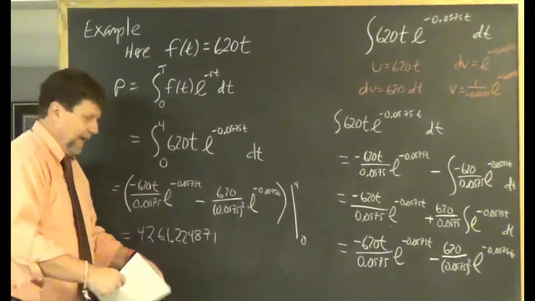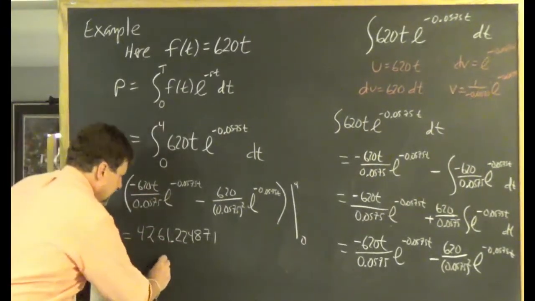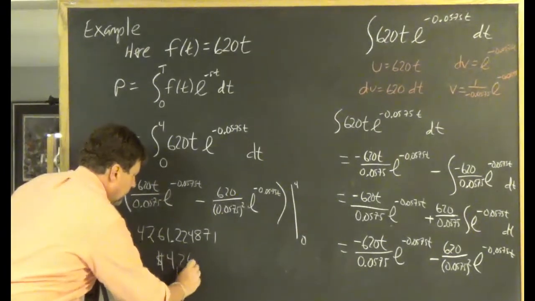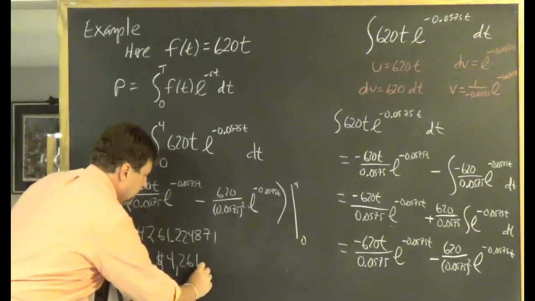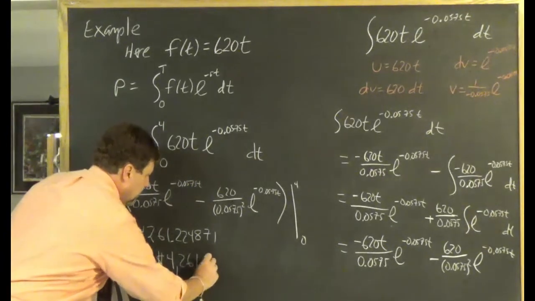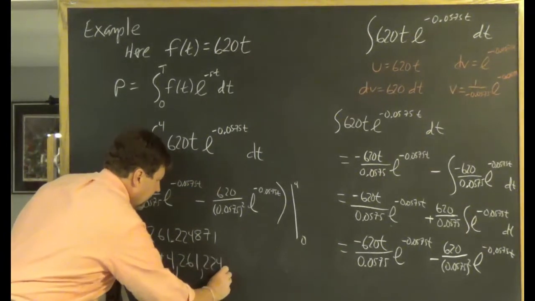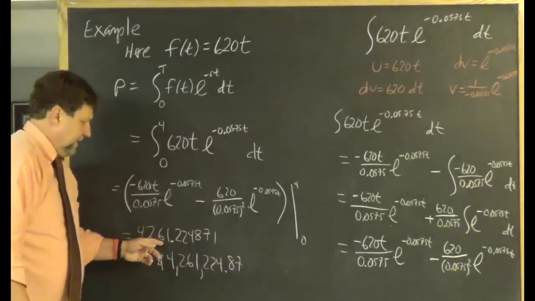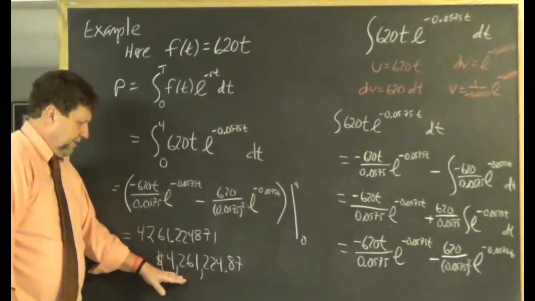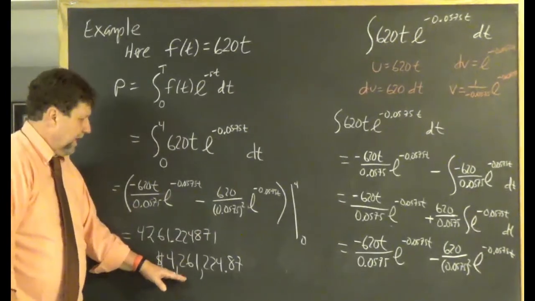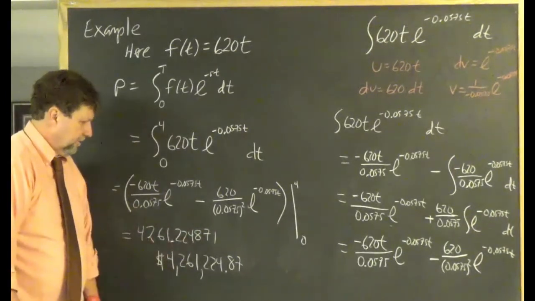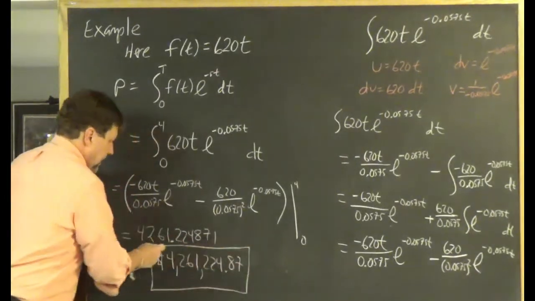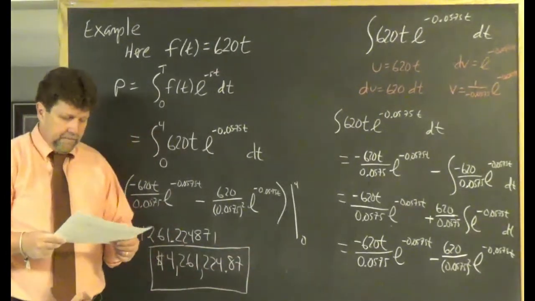Since this is in thousands, the present value is $4,261,224.87. When I convert it to just dollars, move the decimal to the right 3 spots, and that is the present value.